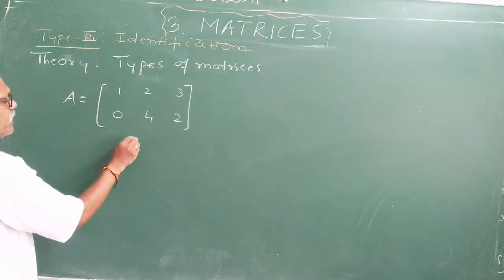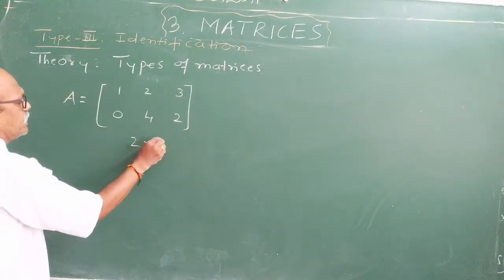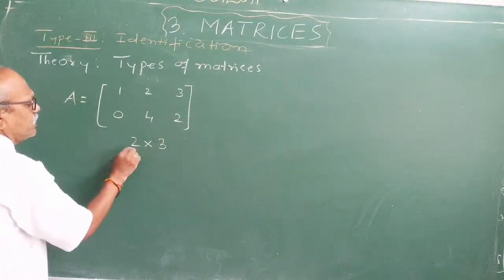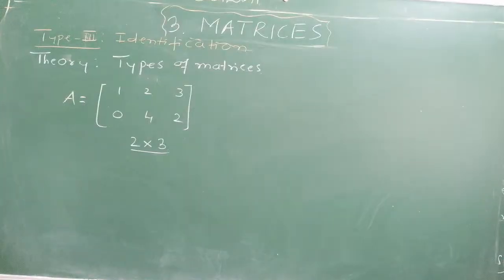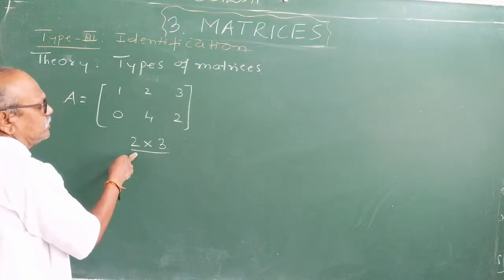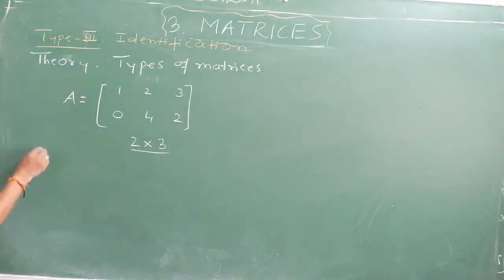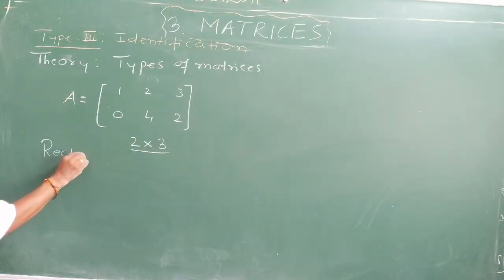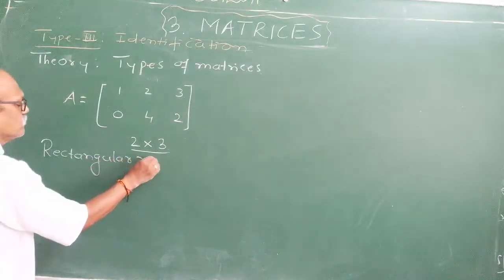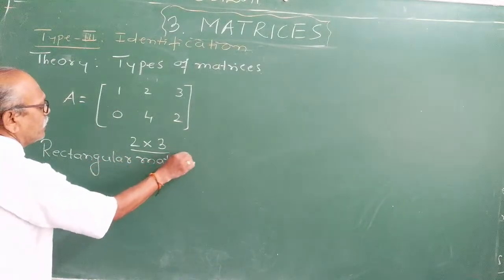The order of this matrix is 2 by 3: 2 rows and 3 columns. Right? Such a matrix which contains an unequal number of rows and columns is called a rectangular matrix. What is it called? Rectangular matrix.